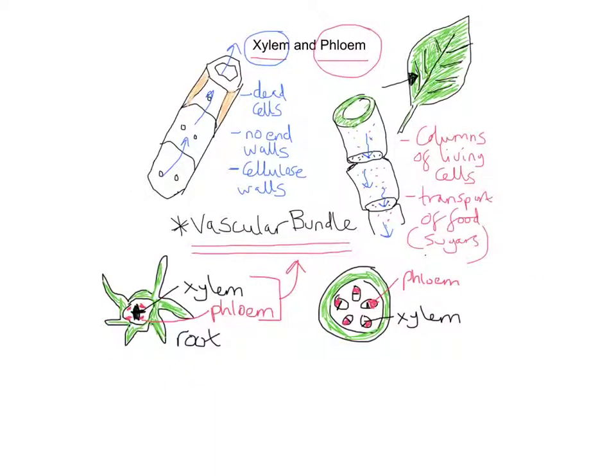If we actually draw the leaf in cross-section, and I won't draw all of the details here, I'll just draw the one in the centre.